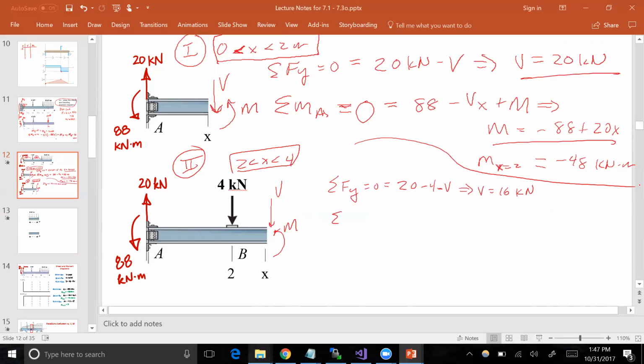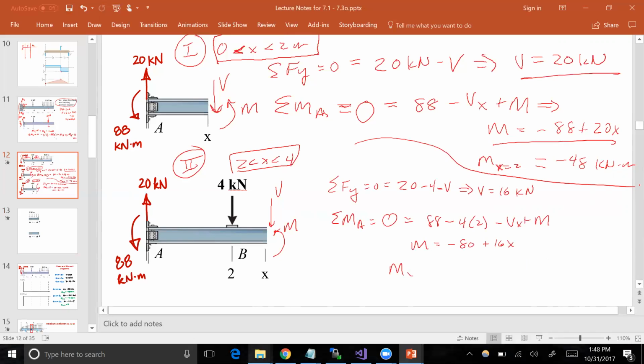And we do the sum of the moments at A again, and wrapping this up quickly, it's going to equal 88 minus 4 times 2 minus V times X plus M. So therefore, M is going to equal minus 80 plus 16X.